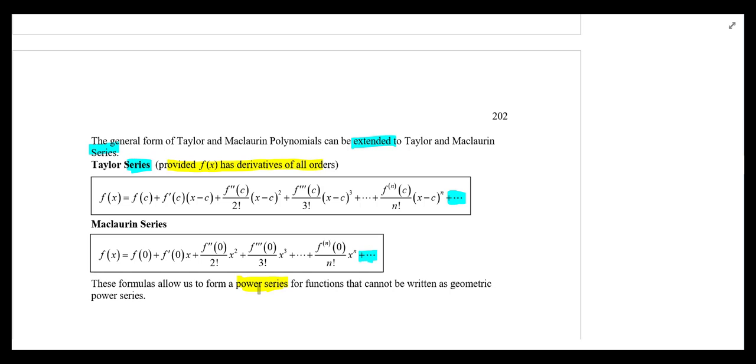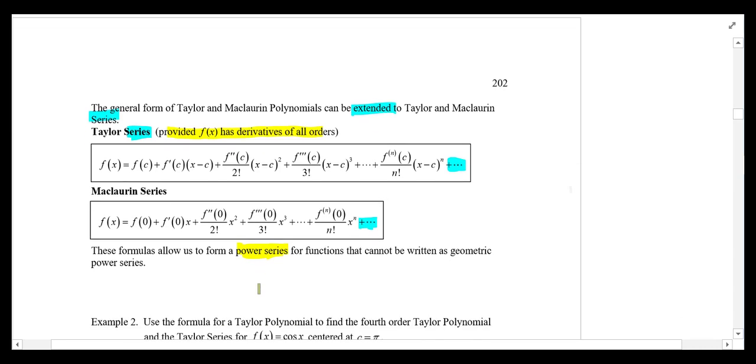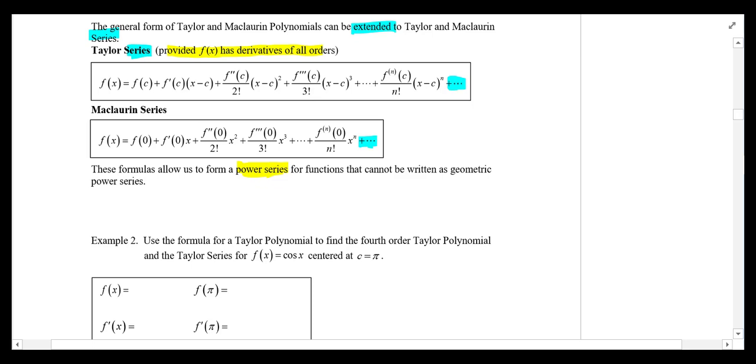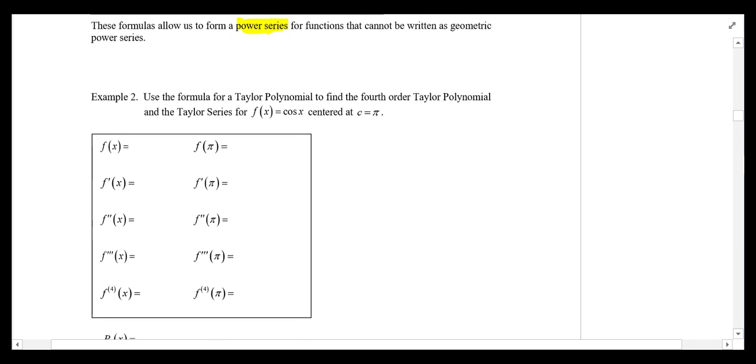Last day we just looked at geometric power series. Very limiting. But now I've opened up the whole world for you. You can now find power series for pretty much any function that's out there, as long as you can take its derivative. So here's example number 2.